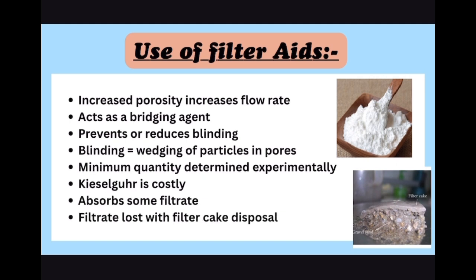Now, increased porosity due to filter aids leads to a higher filtration rate, and the filter aid acts as a bridging agent. It helps in preventing fine particles from blocking the filter pores, and this reduces the problem called blinding, which is the wedging of particles inside the pores.